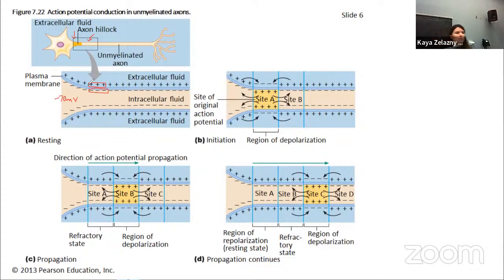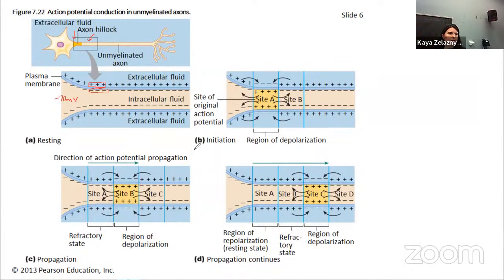Once we initiate the action potential, as we reach our threshold depolarization and continue to depolarize up to positive 30, that depolarization is caused by sodium ions flowing into the cell, into the neuron.